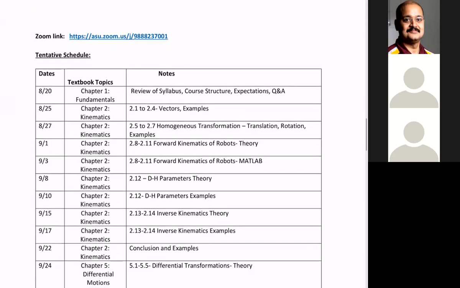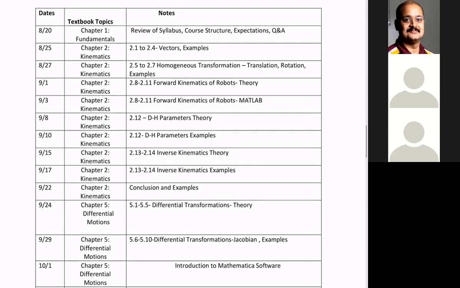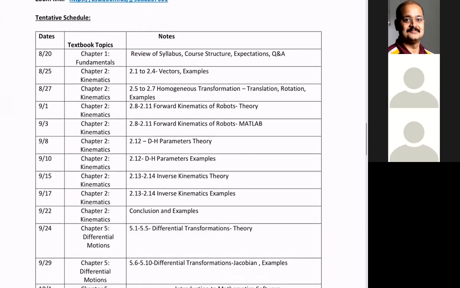We are going to discuss chapter 2 till the end of September. This month and next month, we will talk about vectors, kinematics, homogeneous transformations, forward kinematics, how to solve forward kinematics problems using theory, and how to solve them using MATLAB.